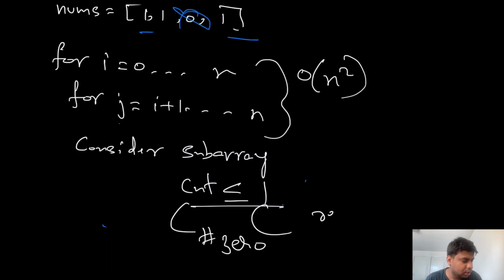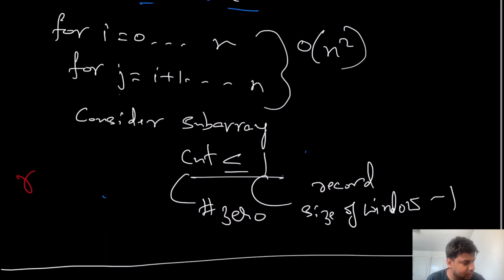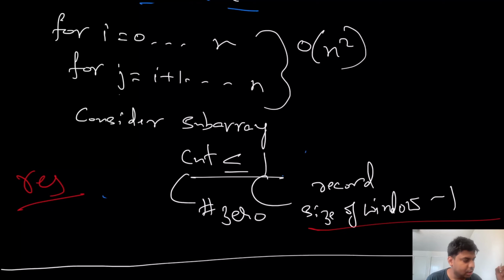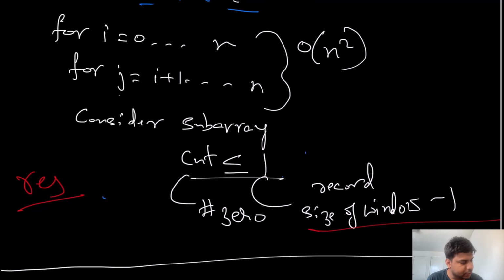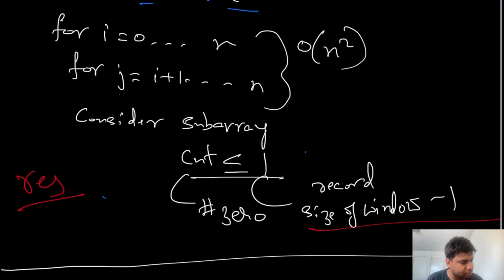Obviously you will have a global res, and keep updating this global res with the size of the window minus 1. So this would be n squared, so let's not do that.